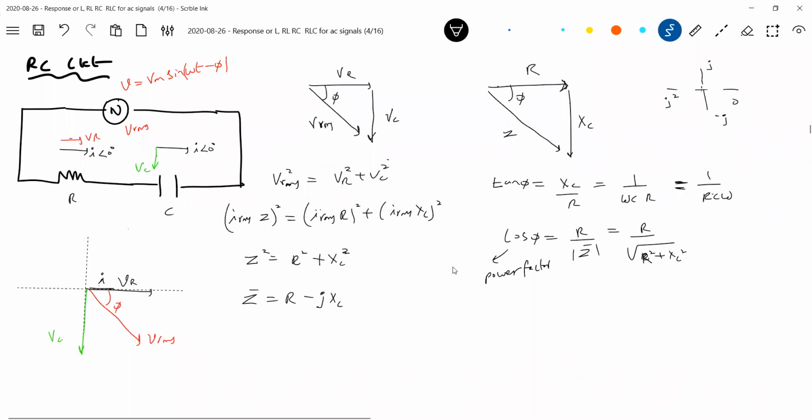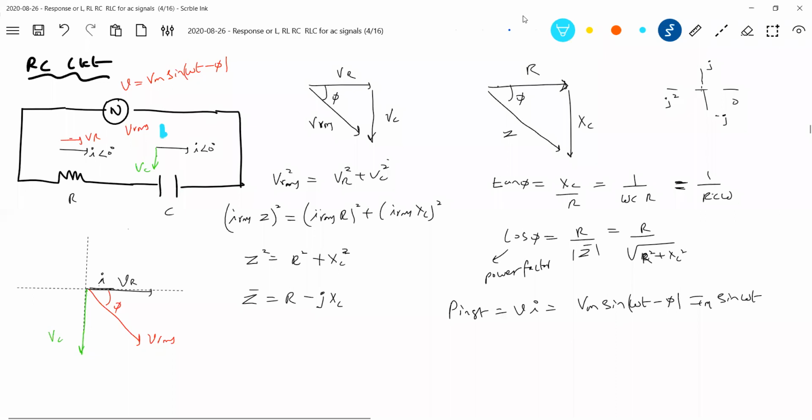The instantaneous power we define as V into I, which is Vm sine omega t minus phi times Im sine omega t. Look now, current leads the applied voltage. So therefore, I'll give a name for this circuit.